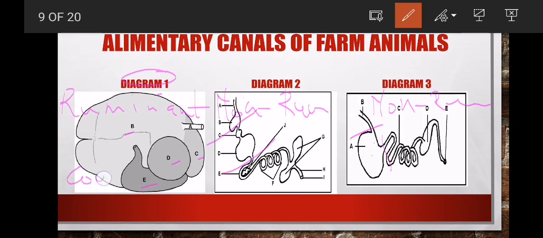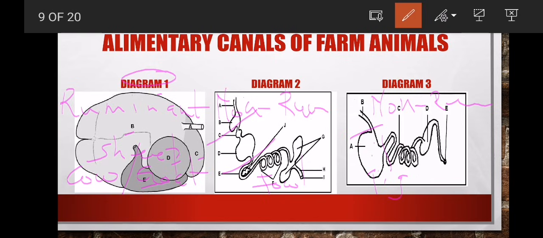Remember, we talked about a cow, a goat, and also a sheep. Diagram 2. Now it's very important to note the difference between diagram 2 and 3. I will explain them just now. But we say, diagram 2 is the fowl, which is the chicken. Diagram 3 is the pig. That's what I want you to note.